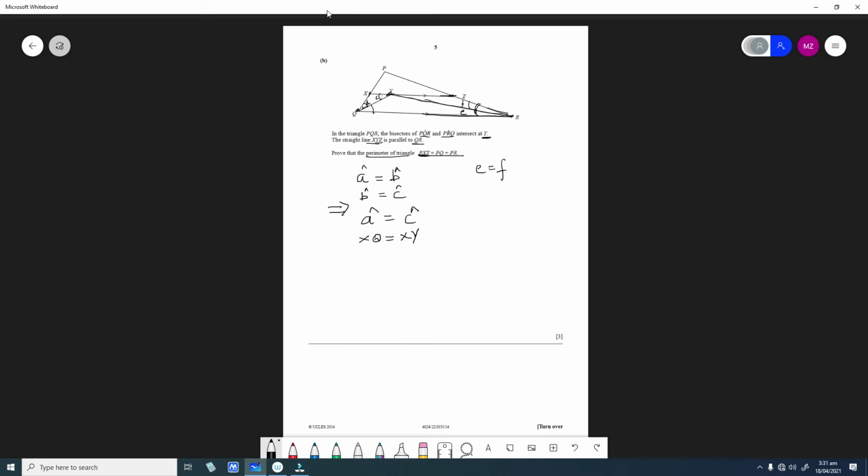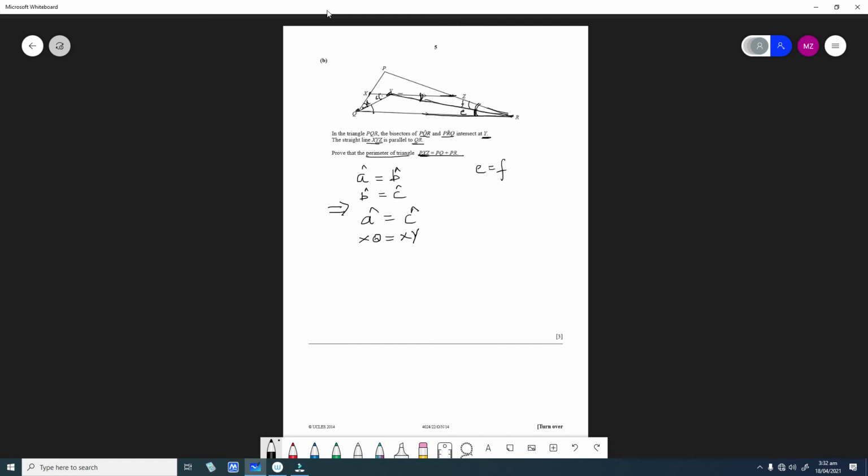Now, if you take into account these two lines, XYZ and this line QR, and this is the transversal line, then we know that again the alternate angles are equal. So in this case, this angle, angle E, is forming a pair with this angle here, and these two angles must be equal.